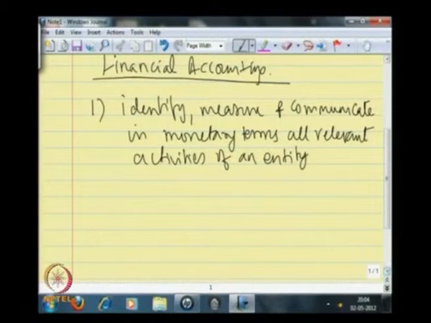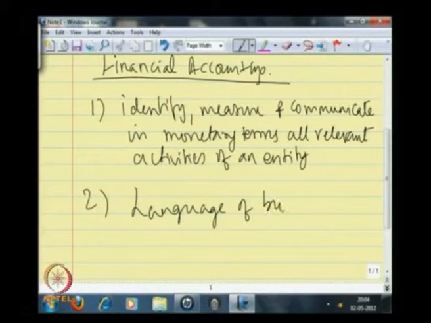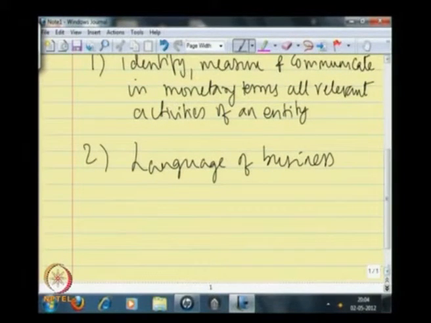And hence it becomes the language of business, and since it is identified as the language of business, there must be some syntax, some nomenclature that makes it uniform, as a result of which a balance sheet is interpreted the same way, given all things being equal, in India or in the US or in Europe, wherever you are.